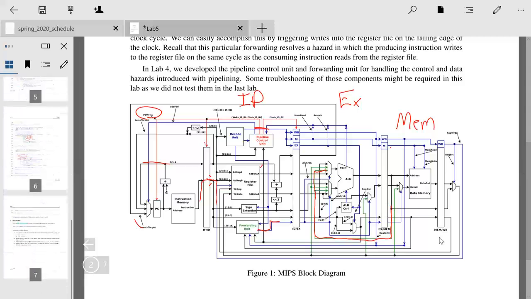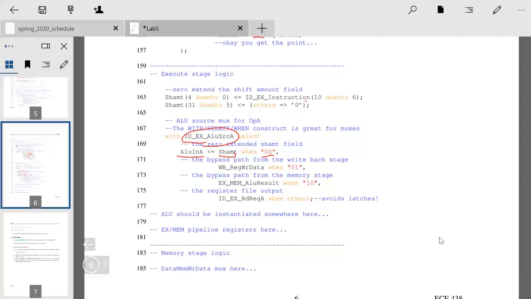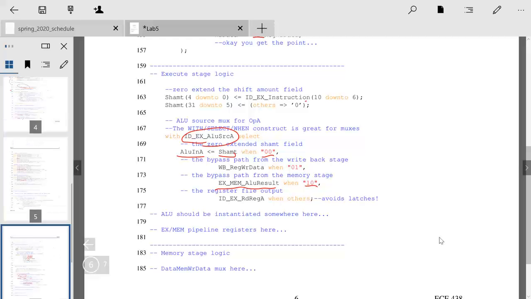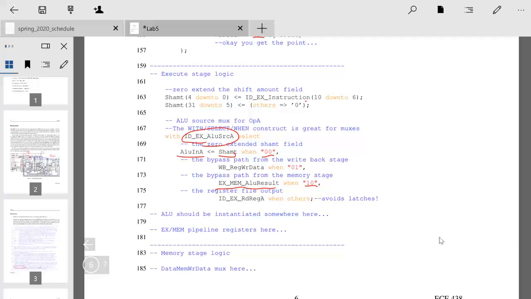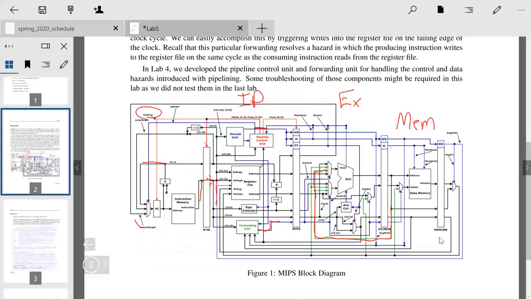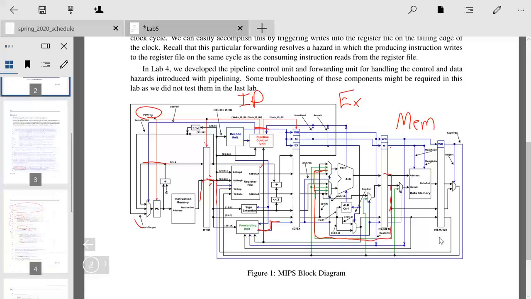So we see that. When our select line is set to 1, 0, it grabs it from the EX MEM ALU result. We already talked about that signal. Okay. There it is. See, it comes all the way from here.